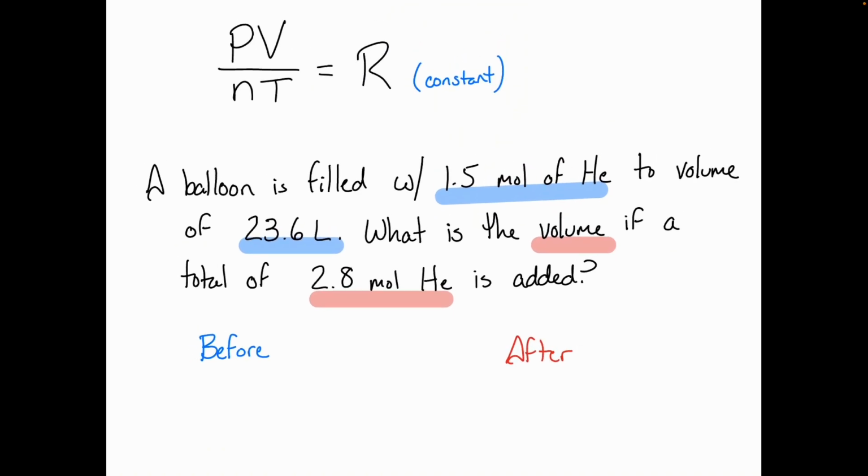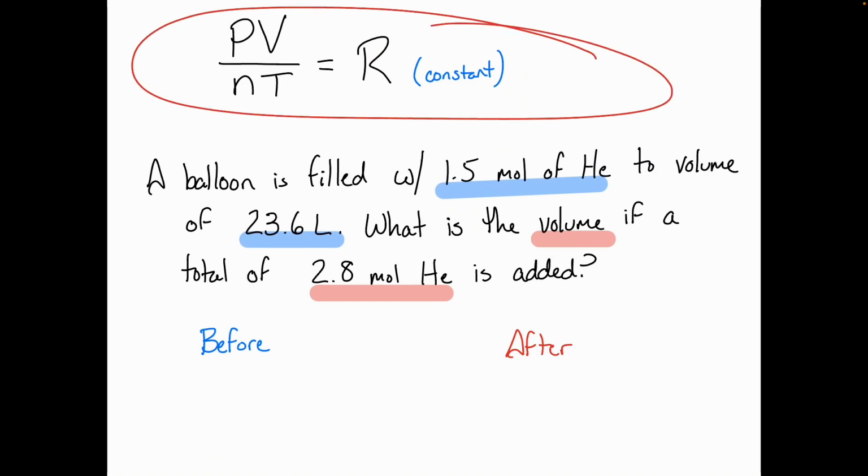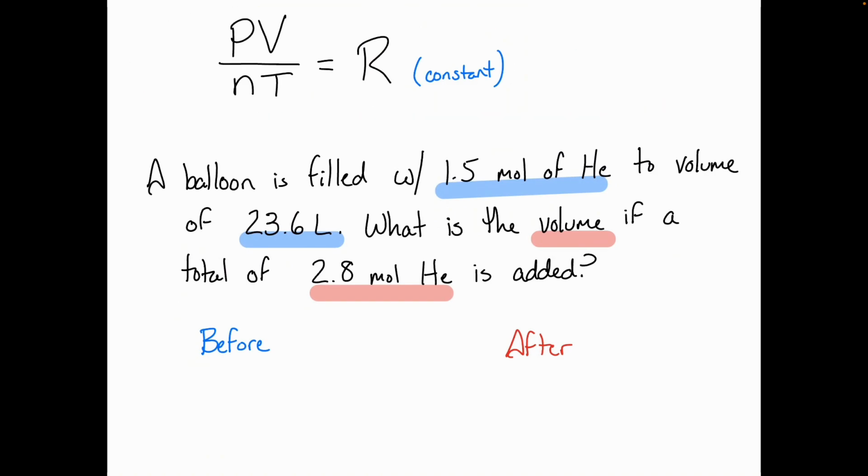What's important is that both before and after this change was made, this has to be true: the pressure times the volume divided by n divided by T always has to equal that same number, R.